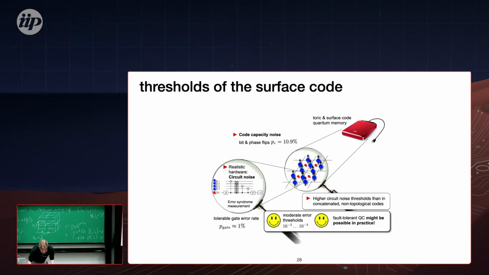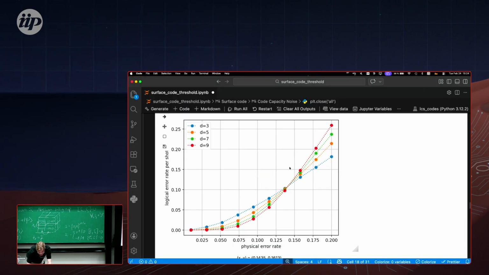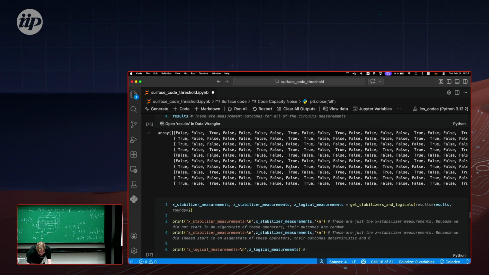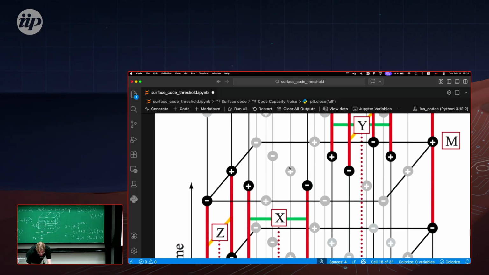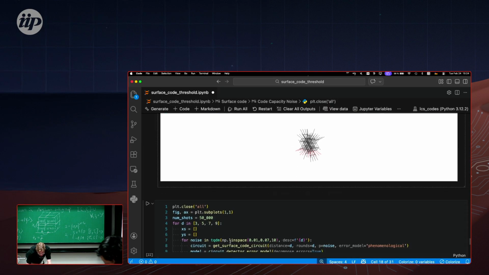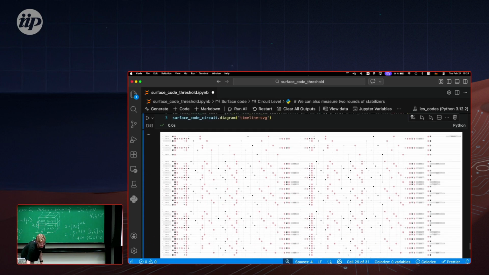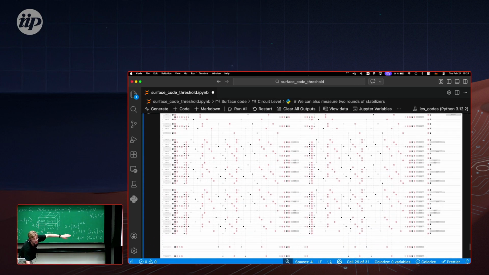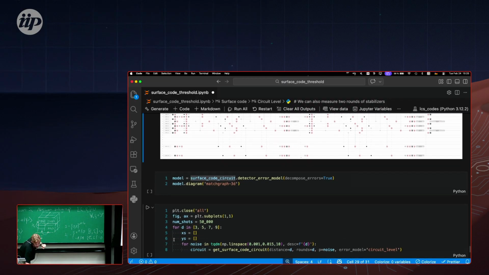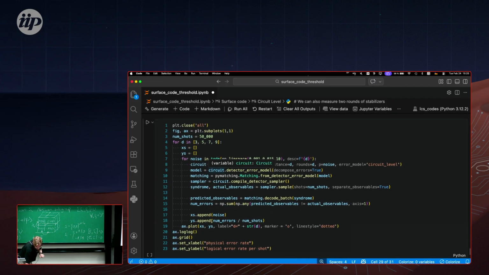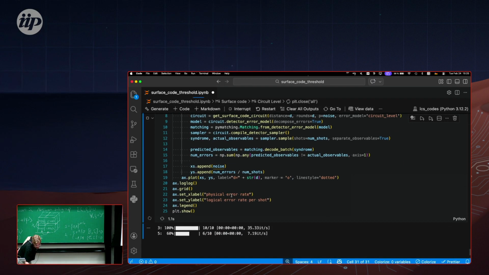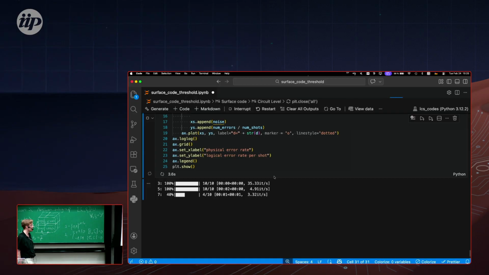I can already show you quickly what happens if we do circuit level noise. One sec. Here. All right, so everything that is now red is noise, so there's much more noise in the circuit than before, but we can still do the same and run. Now it takes much more time because there's more noise and we have to do more work to decode.